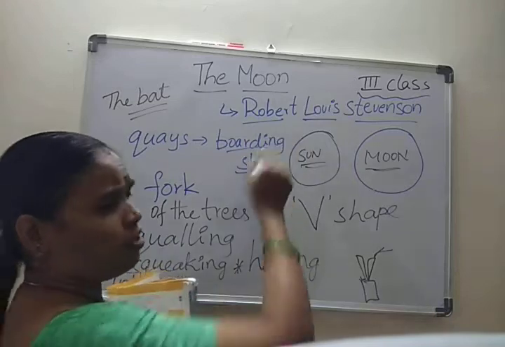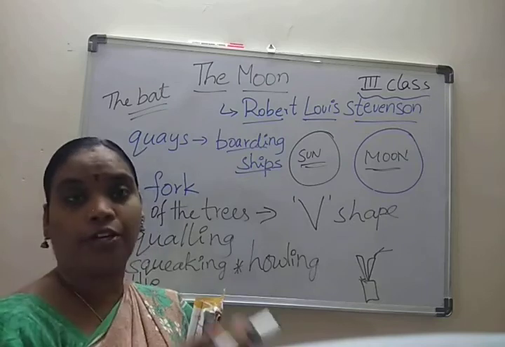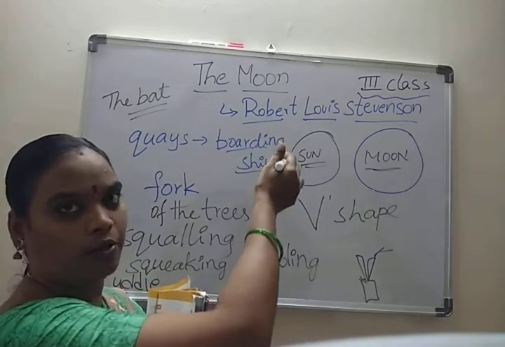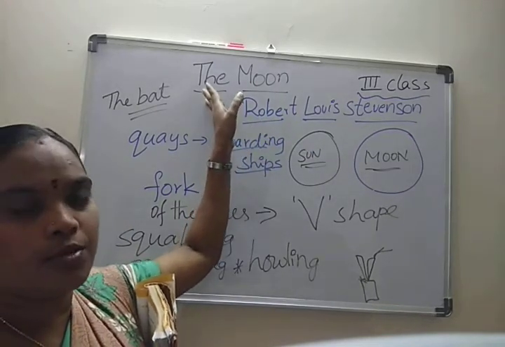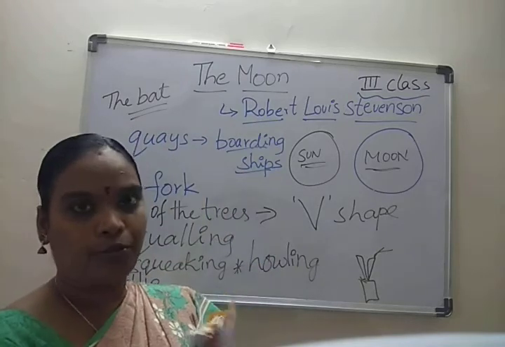He wrote so many poems like The Moon, My Shadow, The House Beautiful. Okay, he loved to write poems like these and attract the readers. This is about the moon poem.